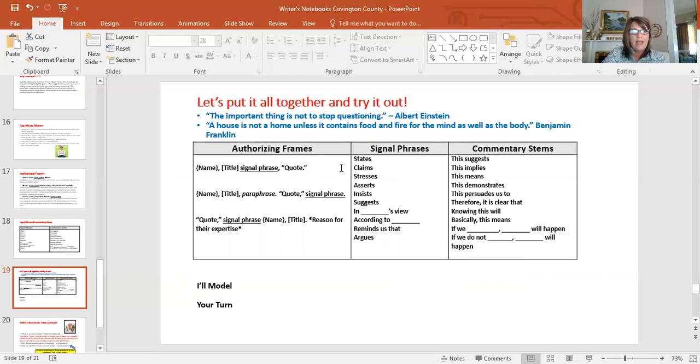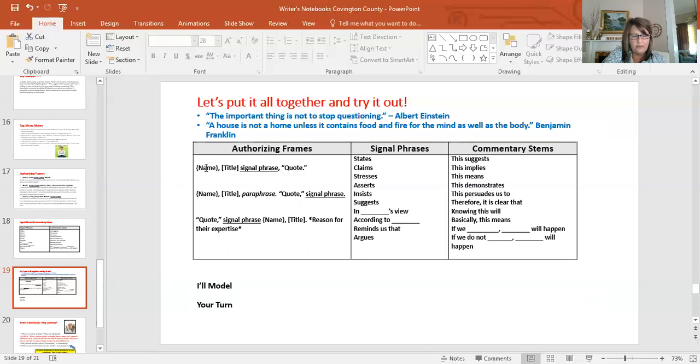So I'm going to choose one of these quotes that I got from the quotes about education. The important thing is not to stop questioning, Albert Einstein, or I could do the Ben Franklin one. Let me just do the Albert Einstein. So I'm going to go with this one. The important thing is not to stop questioning. So let me choose one of these authorizing frames.